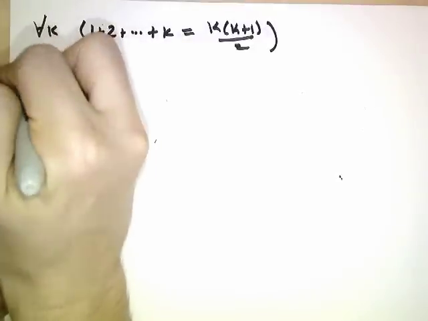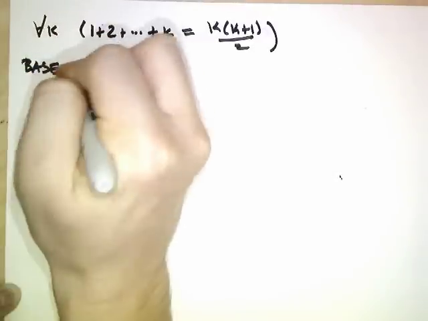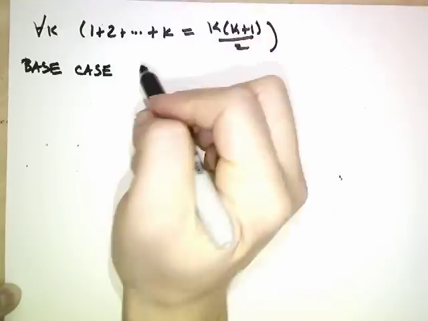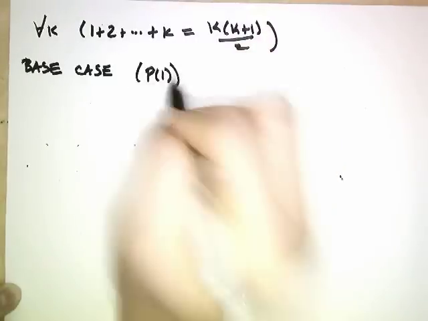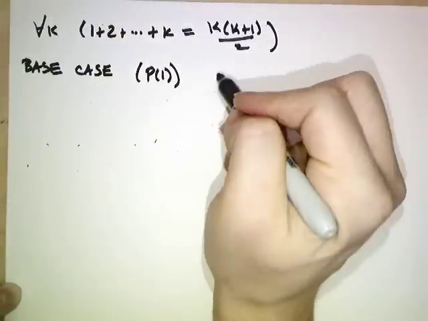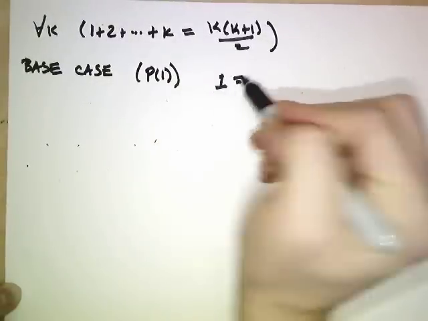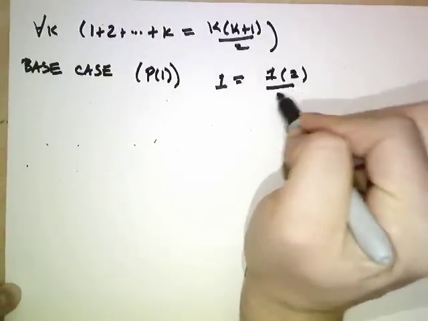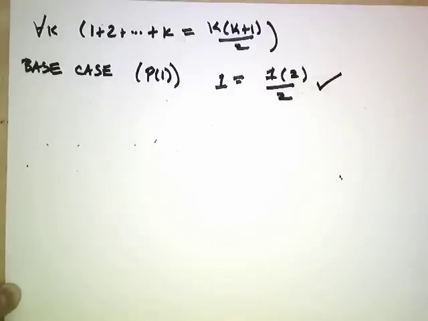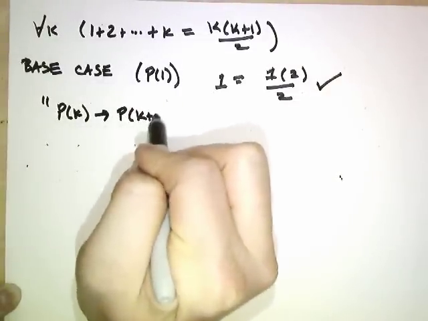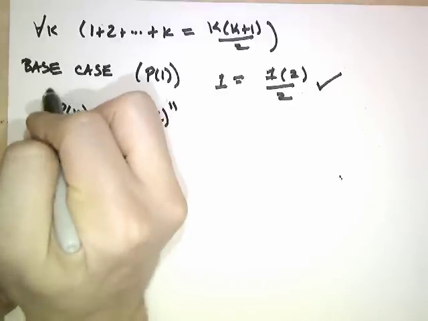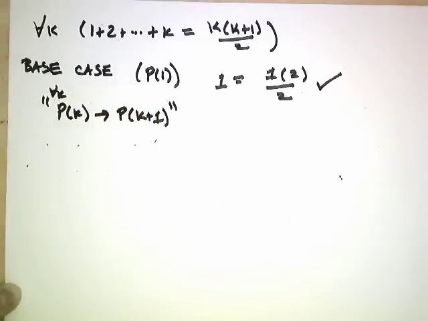First, we're going to prove the base case, which is a fancy way of saying we're going to prove P of 1. What is P of 1? It's the statement that 1 equals 1 times 2 over 2. And as we said earlier, this is true. So we proved that P of 1 is true. Now we need to prove that P of k implies P of k plus 1, and this is for all k.